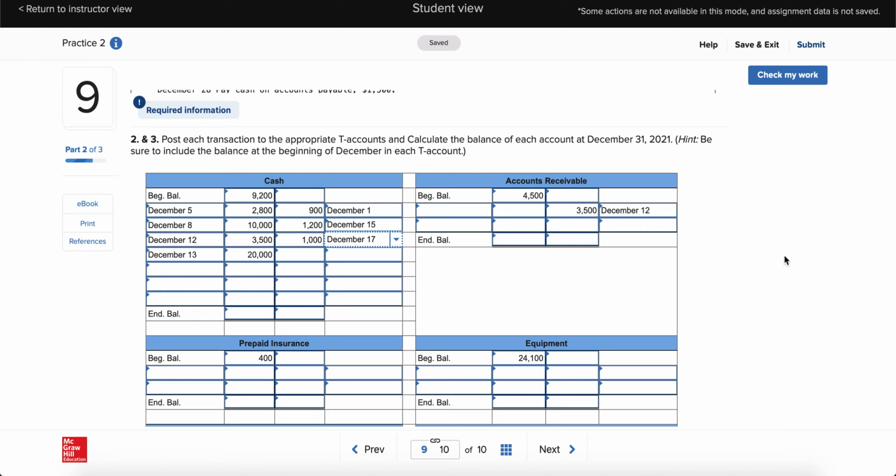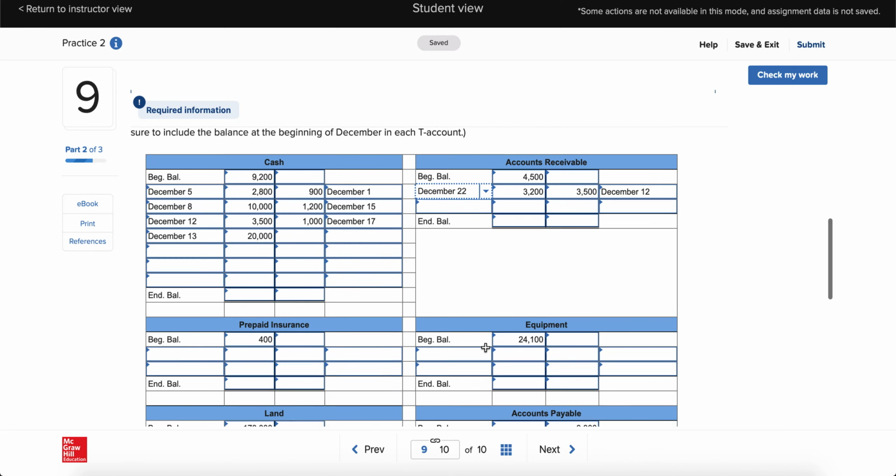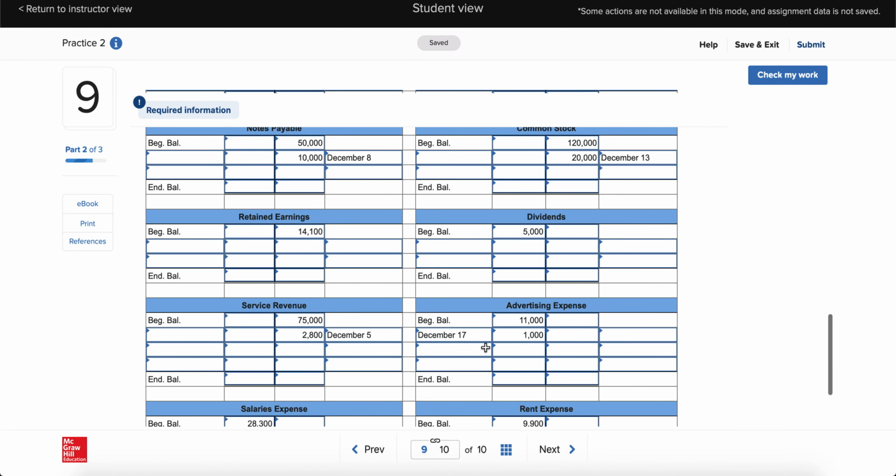December 22nd, we had a debit to accounts receivable in the amount of $3,200, and a credit to service revenue, $3,200. And that's December 22nd.